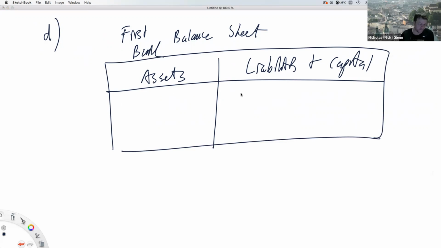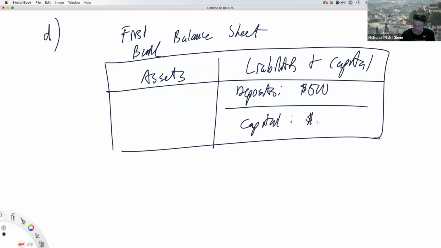So the households are depositing $500 still. But also the bank raised $25 in capital. They issued some stocks. People bought these stocks, and now they're holding that money there, and they have that as capital.